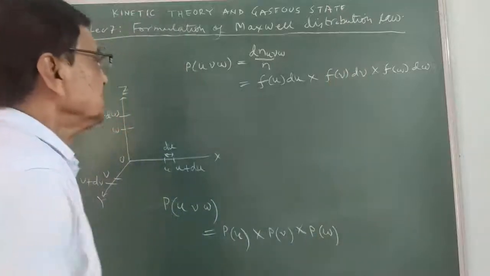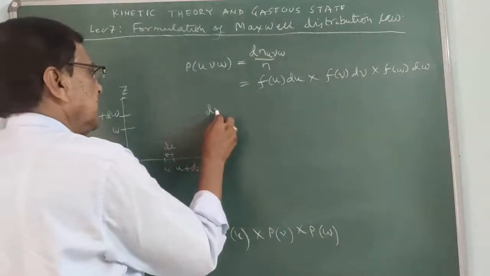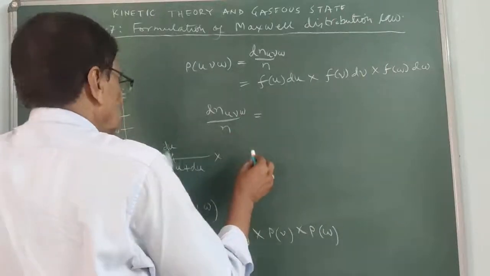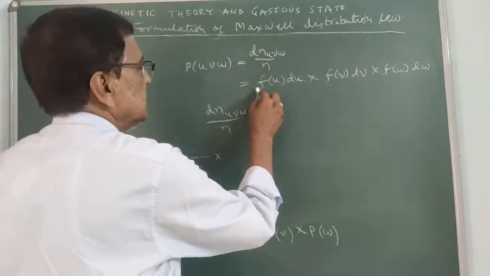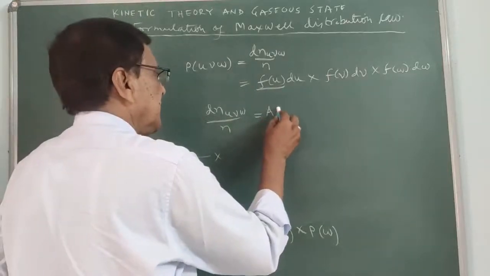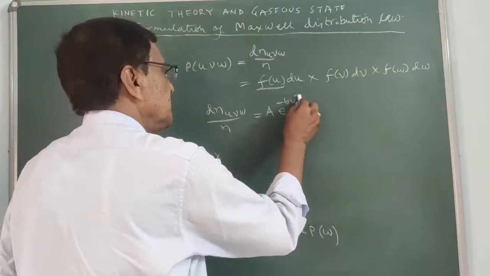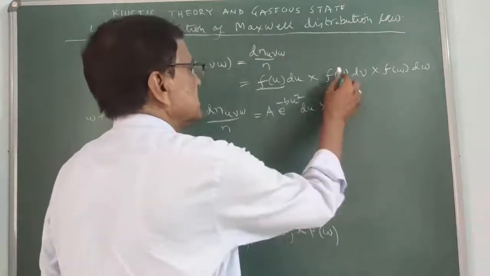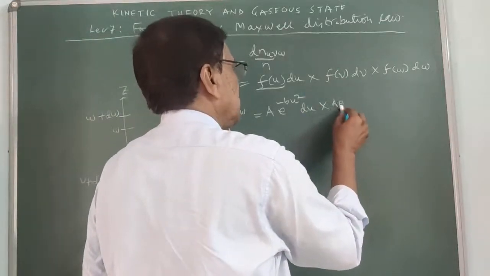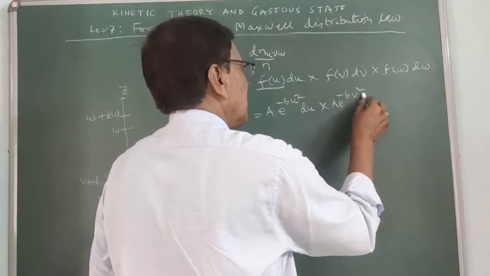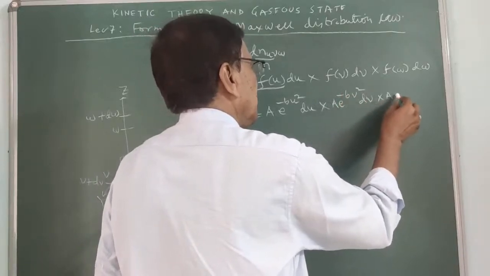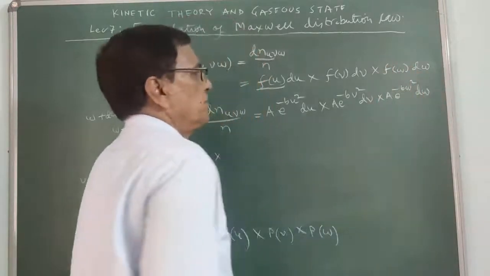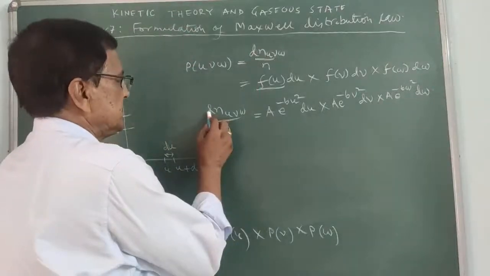Now, dn(u,v,w) divided by N equal to, instead of this one, we can write A e to the power minus b u square du, into, instead of this one, A e to the power minus b v square dv, into A e to the power minus b w square dw.